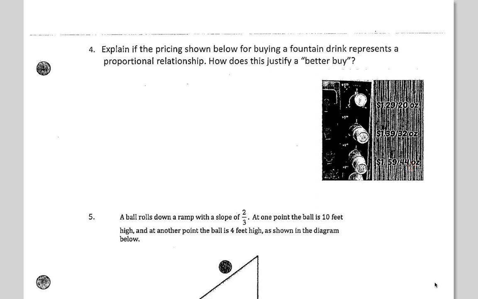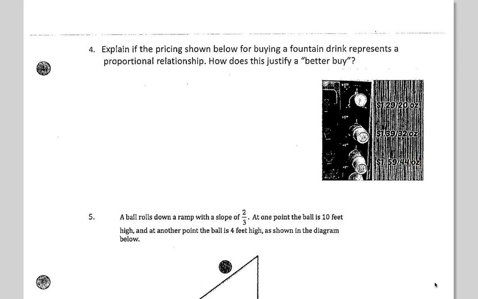So if you were to compare these prices, what's going to be the better buy, meaning which one's giving you a similar amount of liquid at a cheaper price, because we're comparing them right now for 20 ounces, 32 ounces, and 44 ounces.